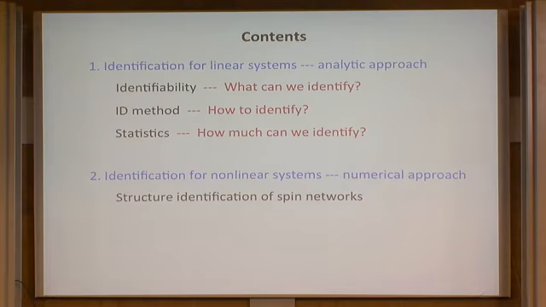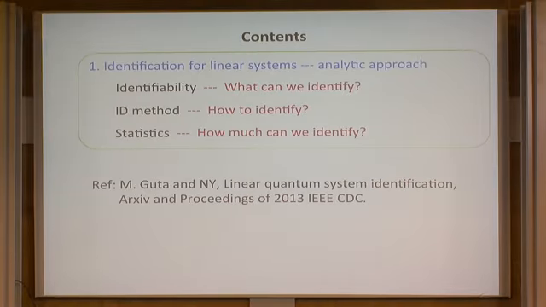Especially in the non-linear case, I'm thinking about the structure identification of spin networks, which is motivated by nitrogen vacancy centers in diamond. That would be a nice application of that specific scheme. Okay. First, I'm talking about the linear case. This is work with Madeline, and the paper is already on arXiv and also in a conference paper.